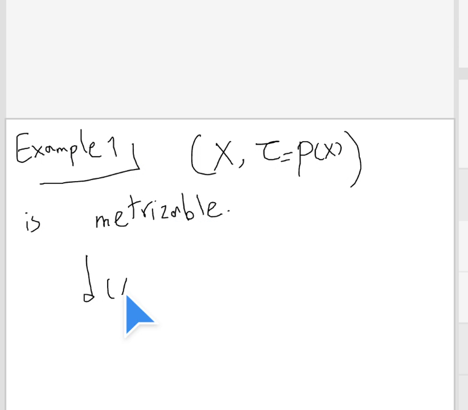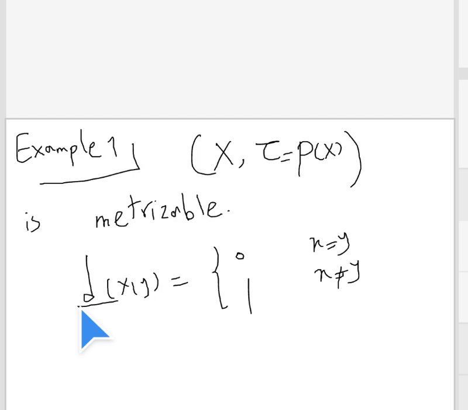Okay, I define d(x, y) equal to 0 if x equals y, and 1 if x is not equal to y. Okay, this is the discrete metric.